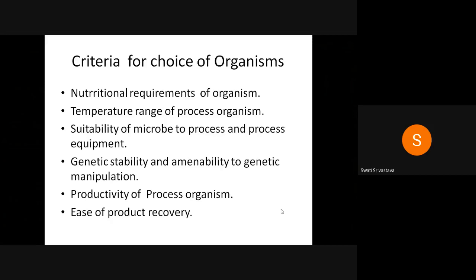Then the process equipment. The process equipment that we are strictly concerned with is the fermentation vessel or the container in which the process will be taken up. Whether it is metallic or glass or fiber or whatever it is, the microbe should survive in that compartment or container. It should not be that when it produces some acidic product, leaching or rusting occurs in the vessel, and as a result of that leaching the microbe dies off.